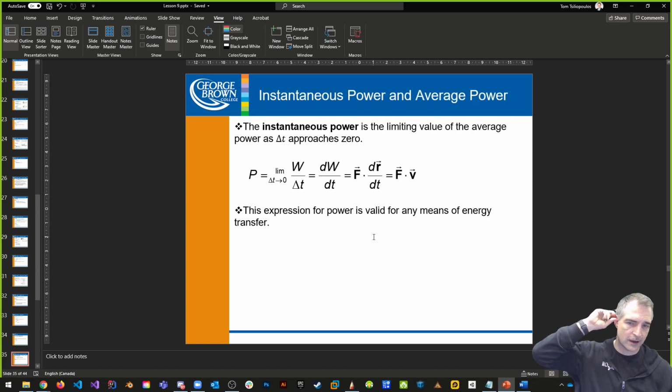We can calculate it using limits: the limit as the change in time approaches zero of the total work over the change in time. Then we can find the instantaneous power as the total force vector times the velocity vector.